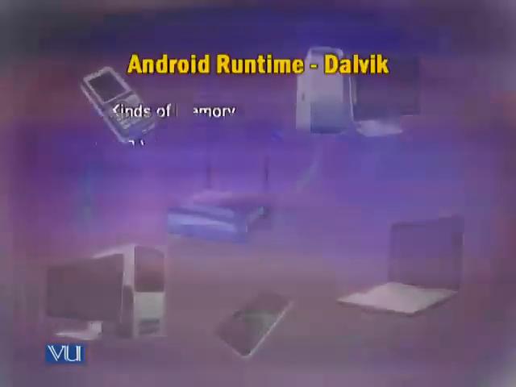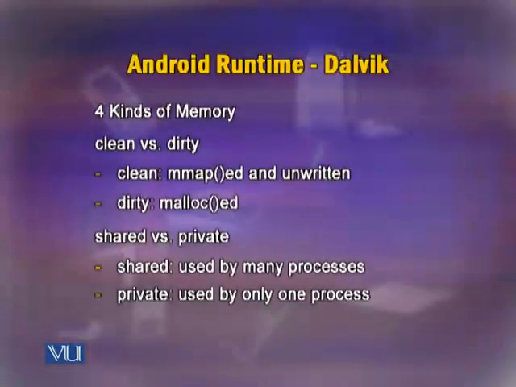So these are the two axes of memory allocation, if you will. Memory can be either dirty or clean. And in the second quadrant, it can be shared among a number of processes, or it can be private to a given process. So these are the four quadrants.